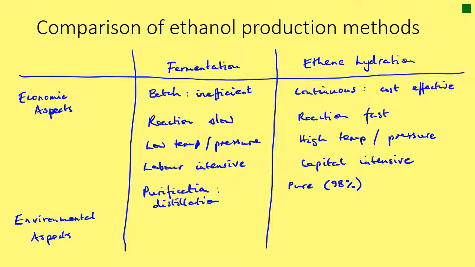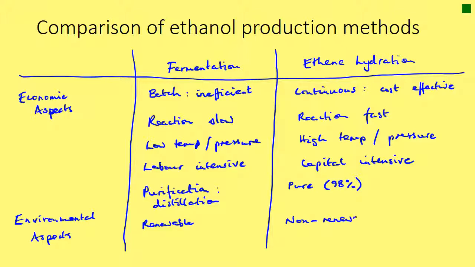If we compare environmental aspects, fermentation uses renewable resources. The definition of renewable is that they can be grown within someone's lifetime, and so sugar beet is grown every year, sugar cane is harvested and grown every year, whereas crude oil is non-renewable because that takes hundreds of millions of years to make.